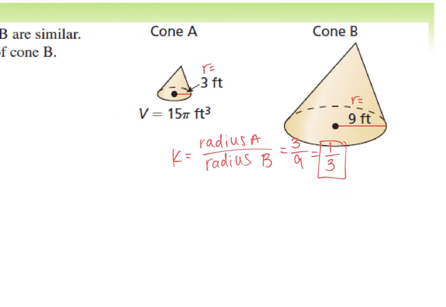Our volumes are proportional by the K value cubed. So we're going to say the volume of A over the volume of B is equal to K cubed.